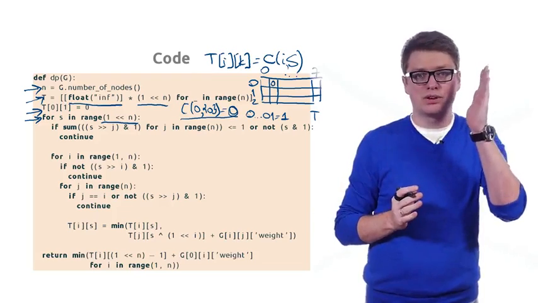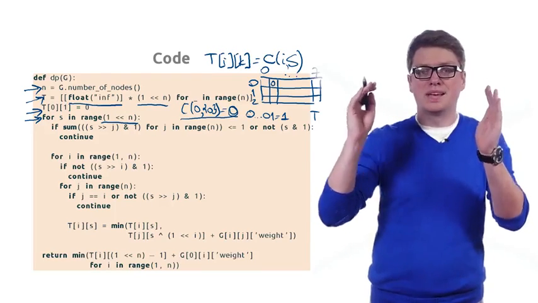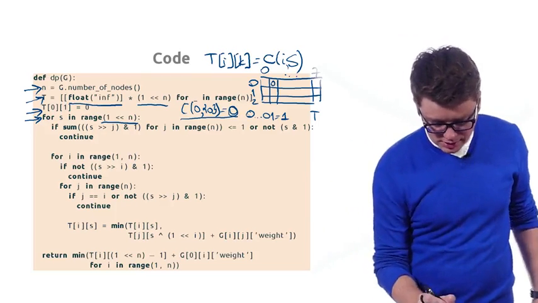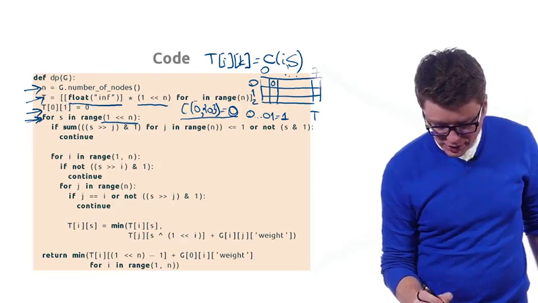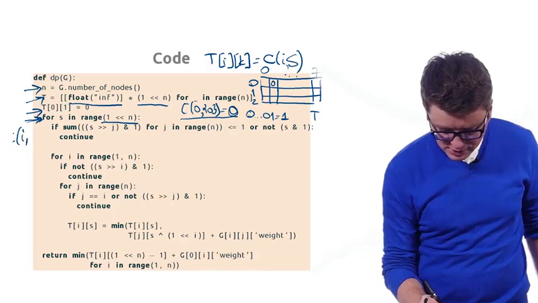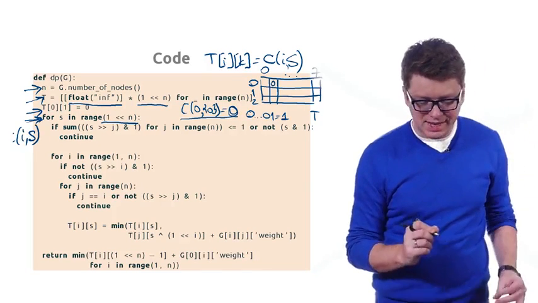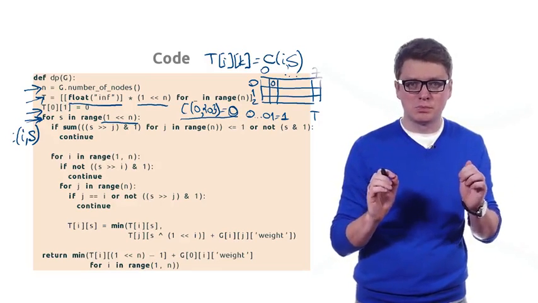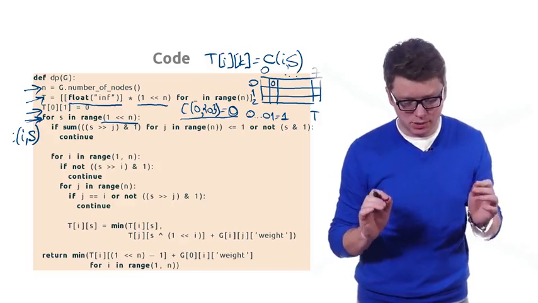So we range from 0 to 2 to the n minus 1. At each iteration of this loop, we are going to compute C of I, S for a set S, which is specified by the small variable s in our code.